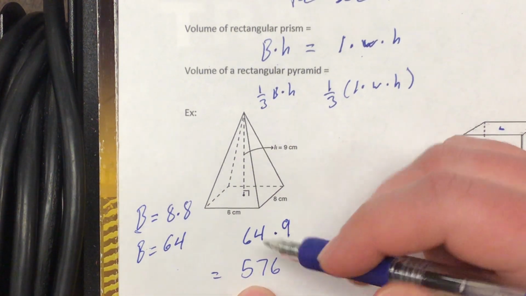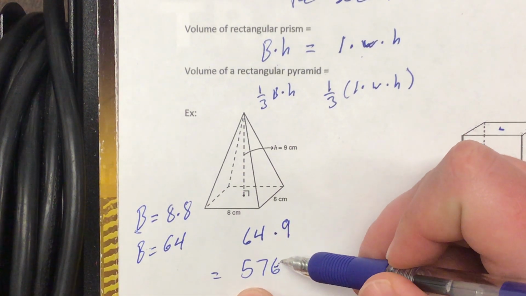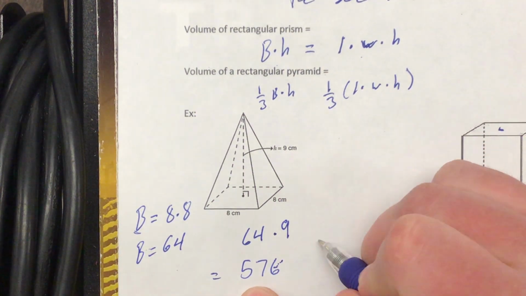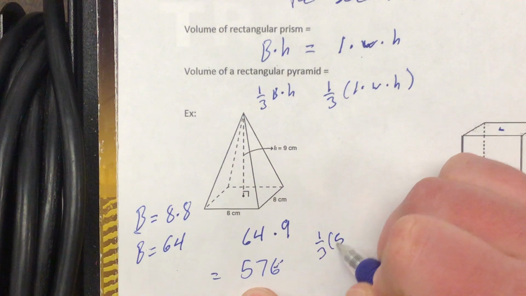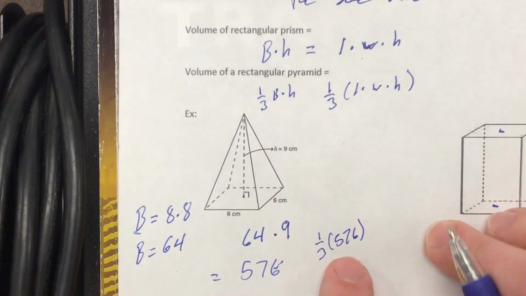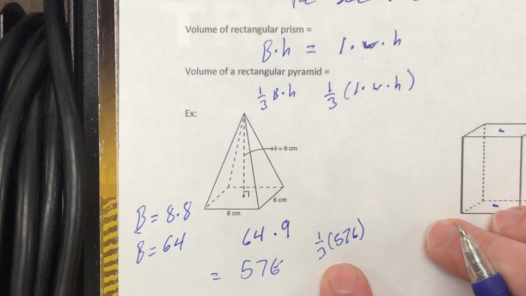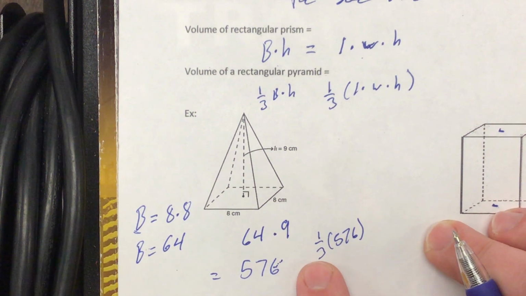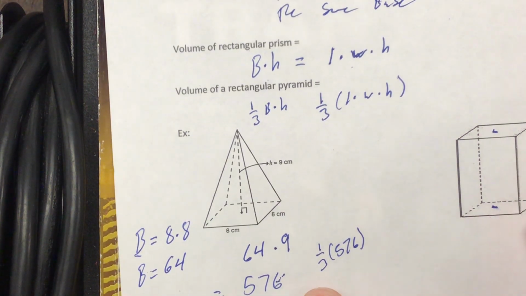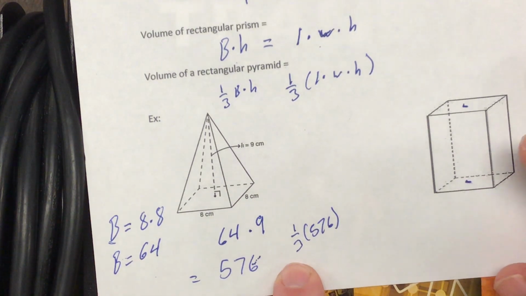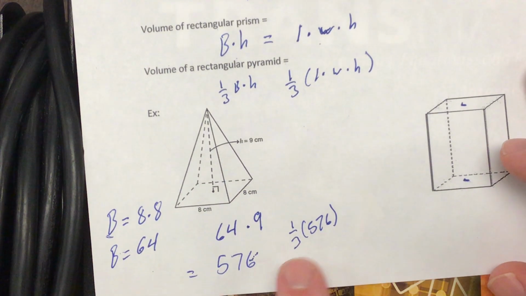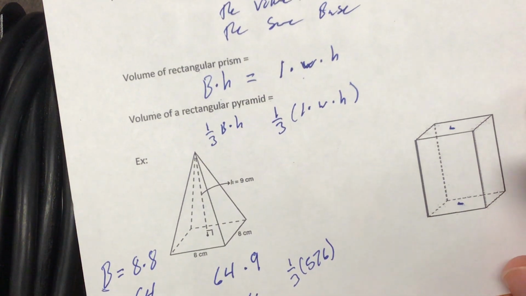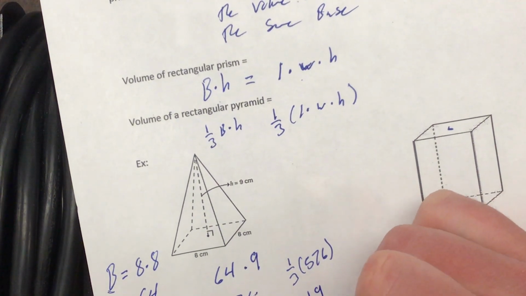But what do we have to do now to find the volume? Multiply by 1/3. If we do that, we'll get 192.